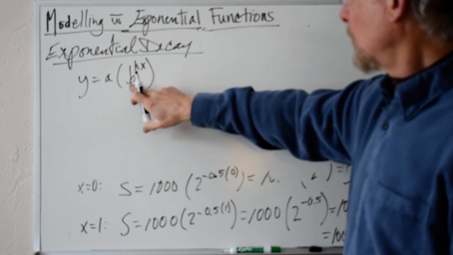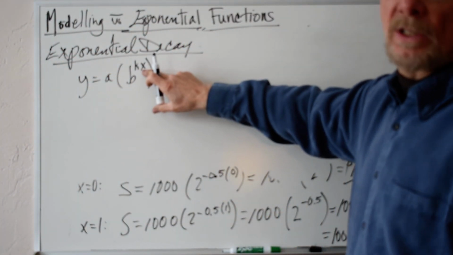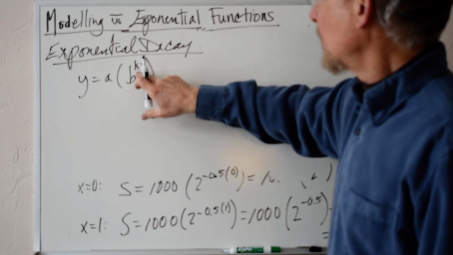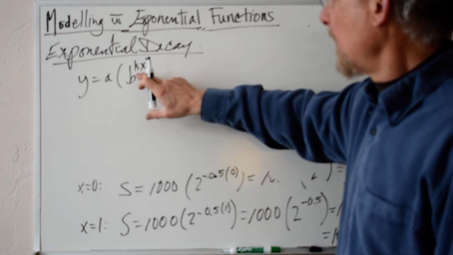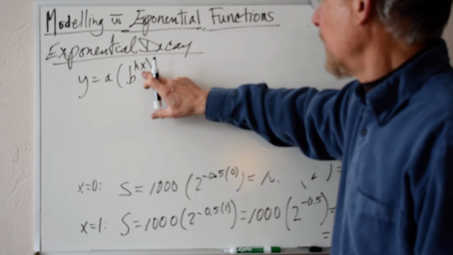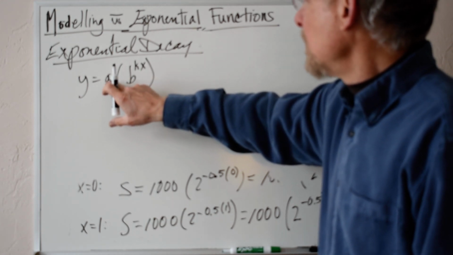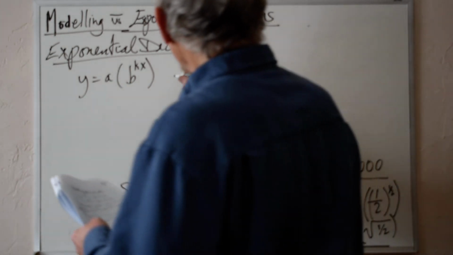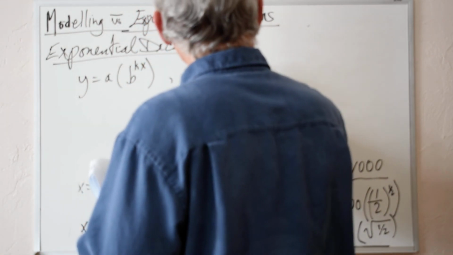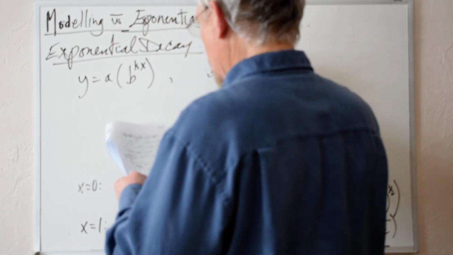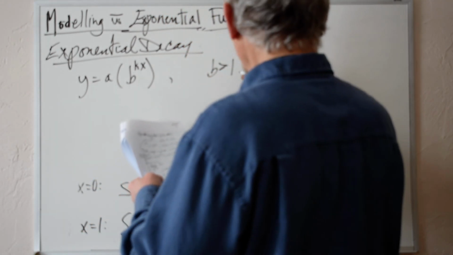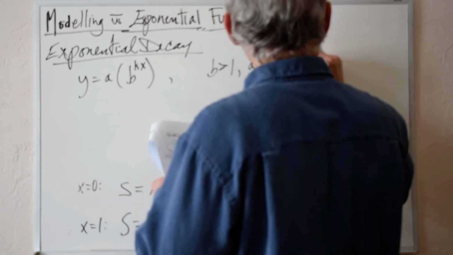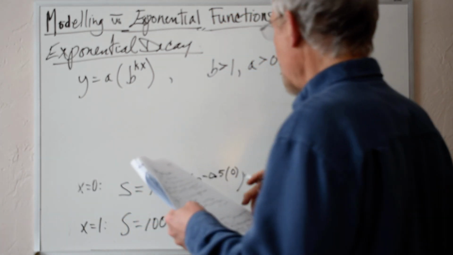There's a base, a constant, being raised to some exponent. The variable is x, k is just some other constant that might be multiplying x. And then the whole thing can be multiplied by yet another constant, a. The requirements we make are that b is greater than 1, your base is greater than 1. A is a positive number, k is a negative number.